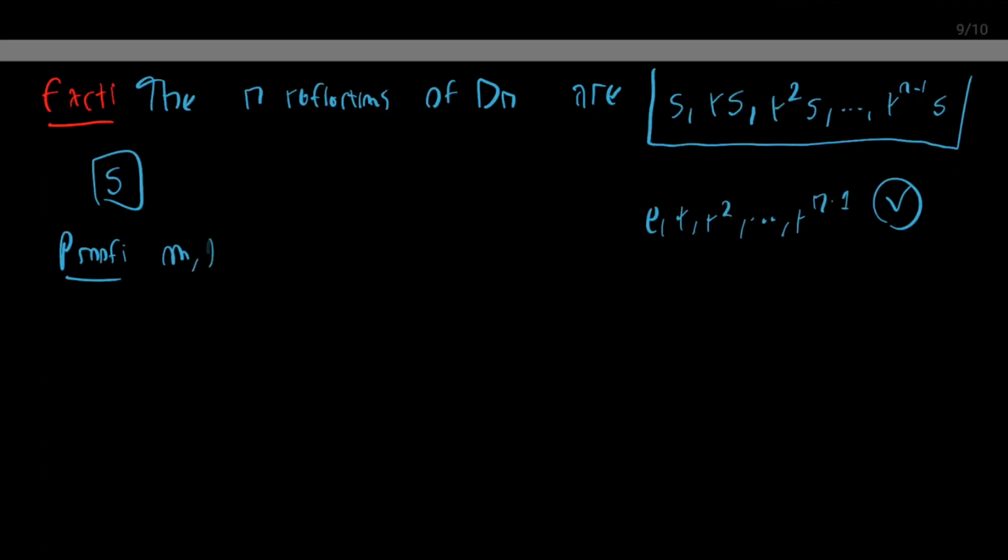Suppose m and l are natural numbers, and suppose that r to the m times s is one of these elements of the group of symmetries.